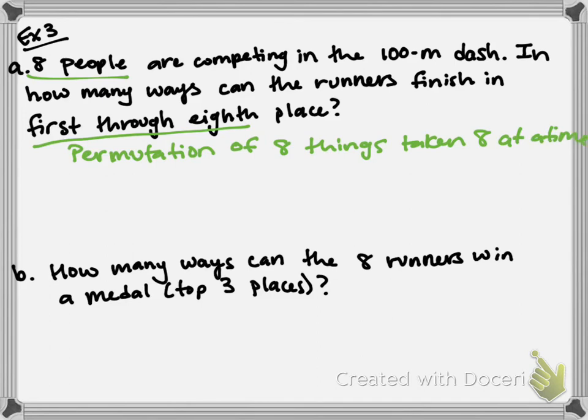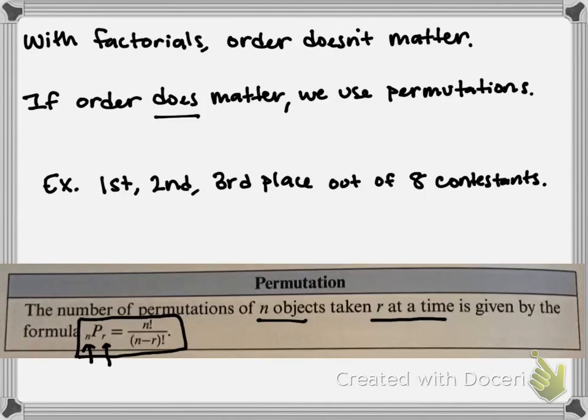So how does that look? Well, it looks like 8 P 8, and then we're going to have 8 factorial over 8 minus 8 factorial. This is from this equation right here on the previous slide.